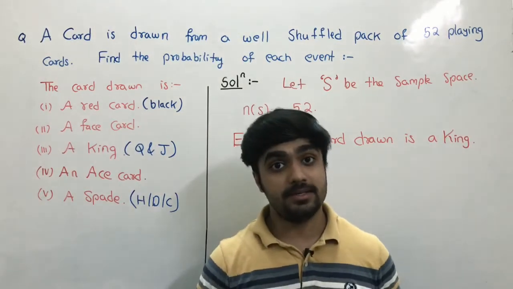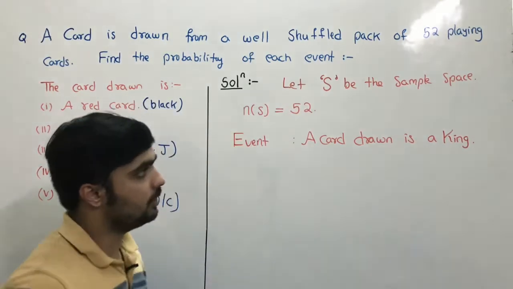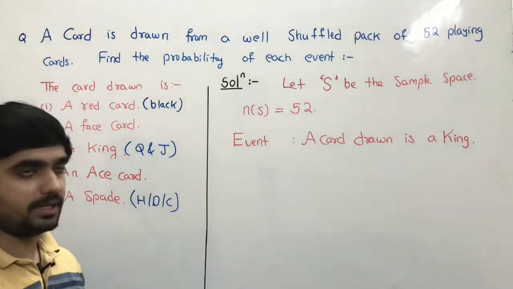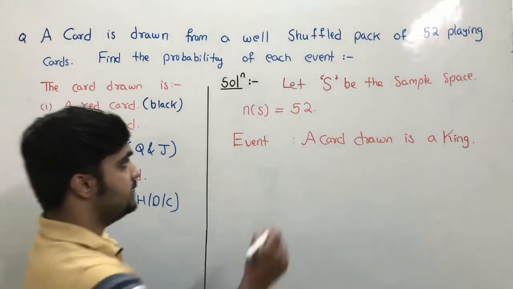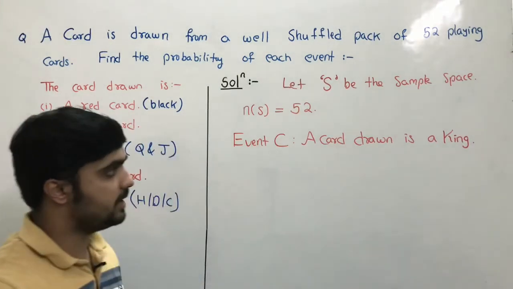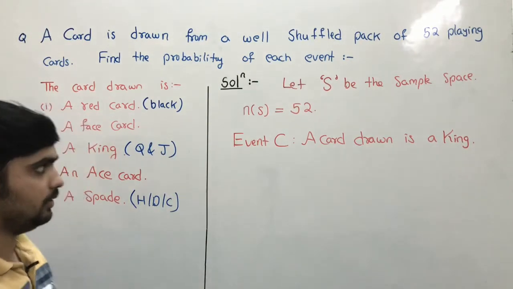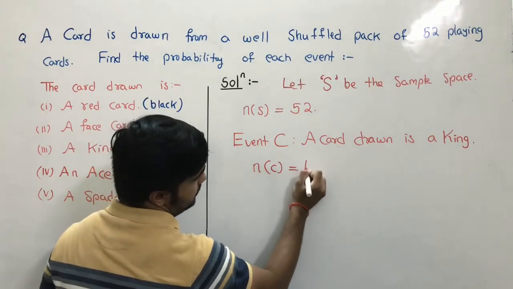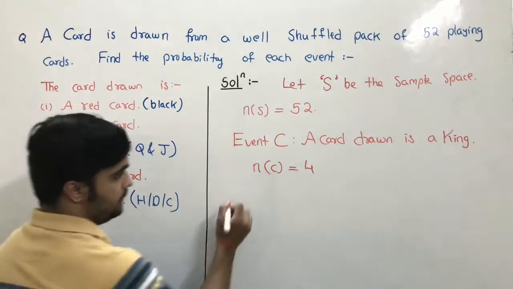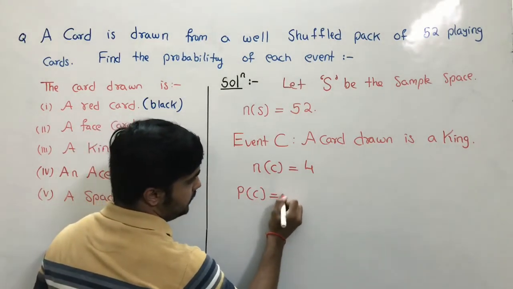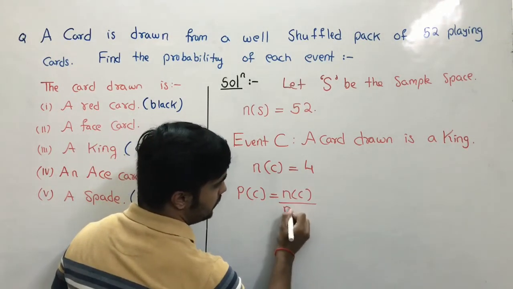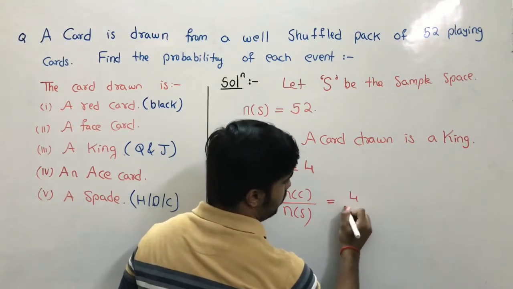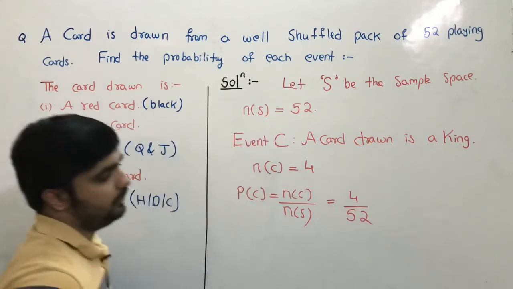Our next event is a card drawn is a king. As we all know, a pack of 52 cards contains 4 kings. So let event C be such that a card drawn is a king. Number of C in this case will be 4 and probability of C will be number of C upon number of S. That will be 4 by 52.